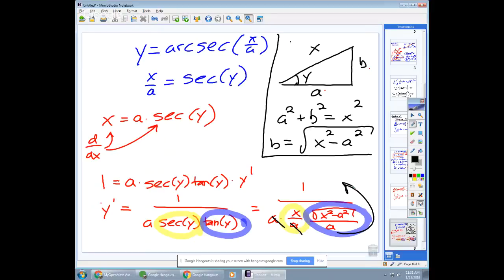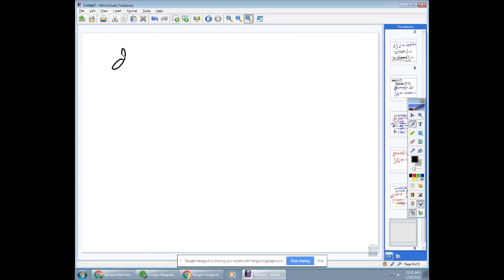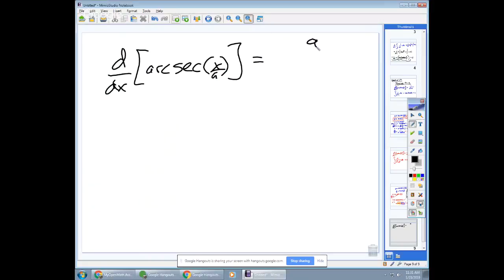So what we have then is the derivative with respect to x of the arcsecant of x over a is a over x times the square root of x squared minus a squared.